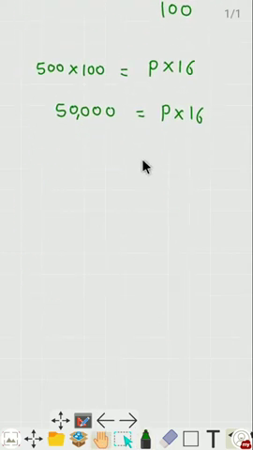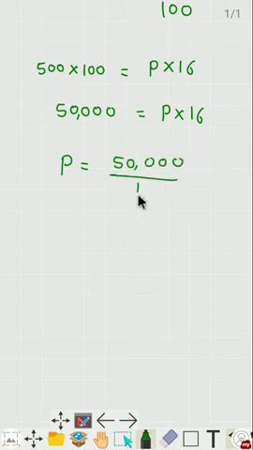And in the next step we will take 16 on the left hand side, 16 will divide this 50,000 rupees. So P is equal to 50,000 divided by 16. Therefore, if we calculate this division on the calculator, we get the value of P to be 3,125 rupees.